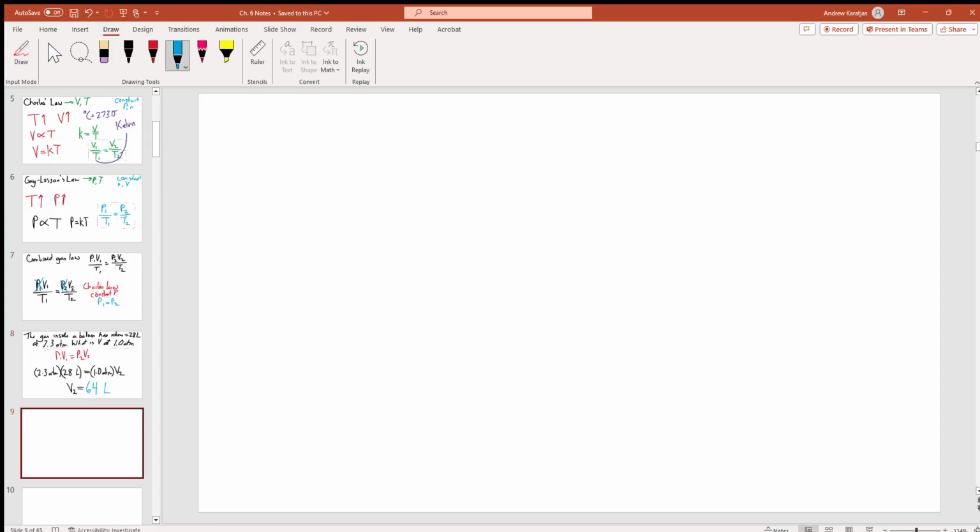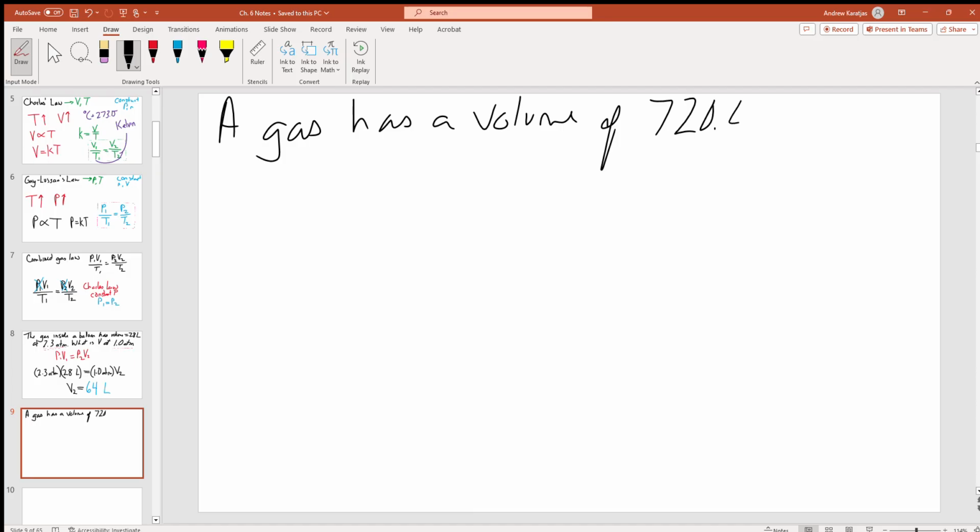All right, let's do another one. A gas has a volume of 720 liters, and that's at 740 millimeters of mercury.